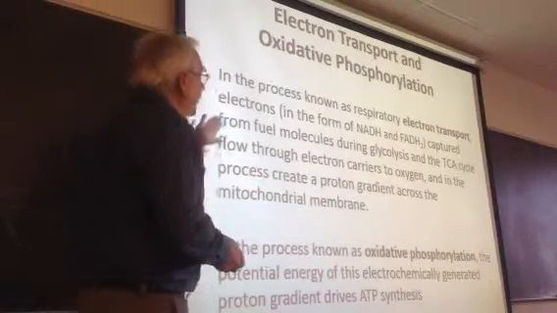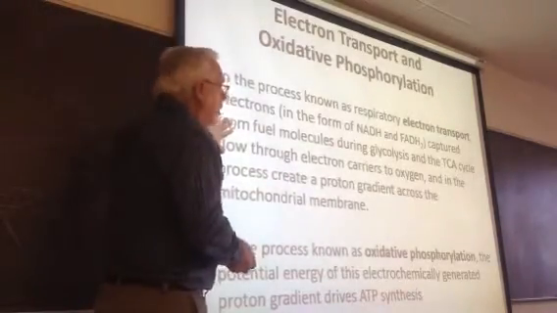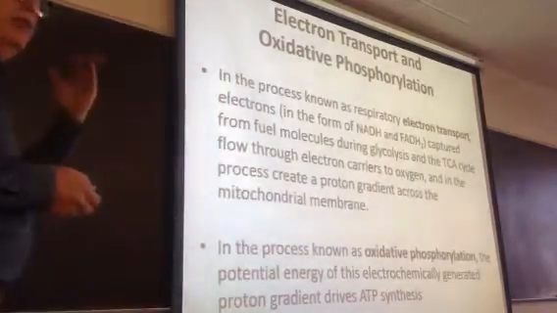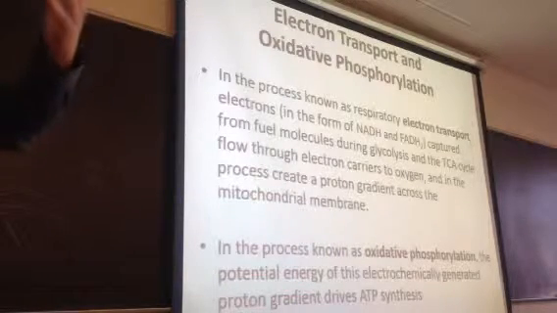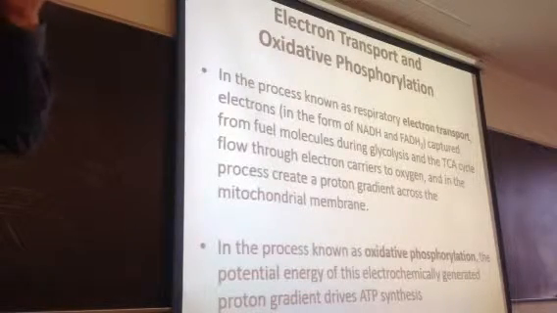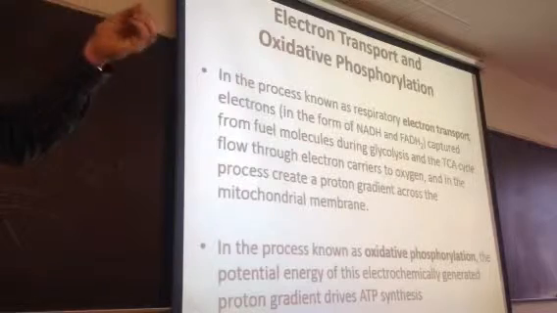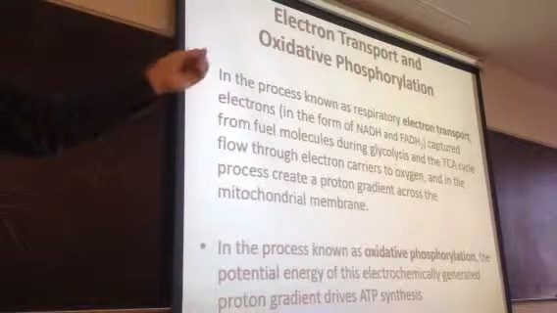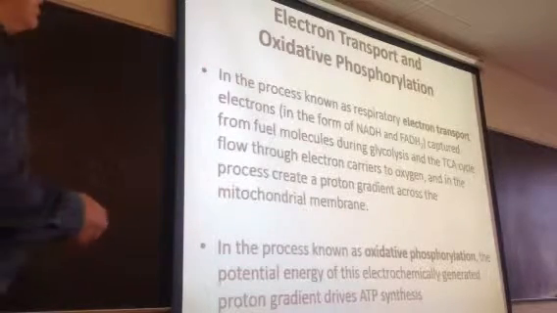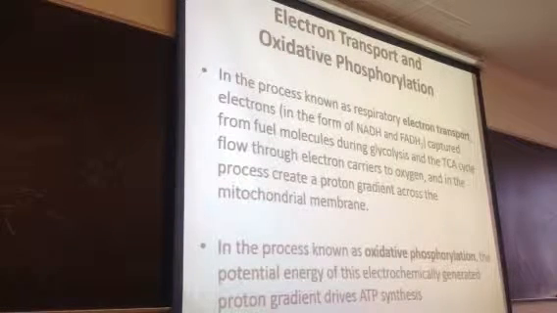And as we'll see, an integral part of this process of converting the electron flow to ATP synthesis is the pumping of a simple thing, the movement of protons across the gradient, to create a gradient of acidity or a proton gradient across this membrane.